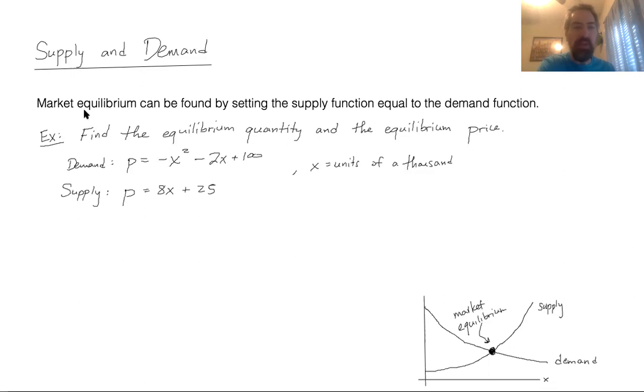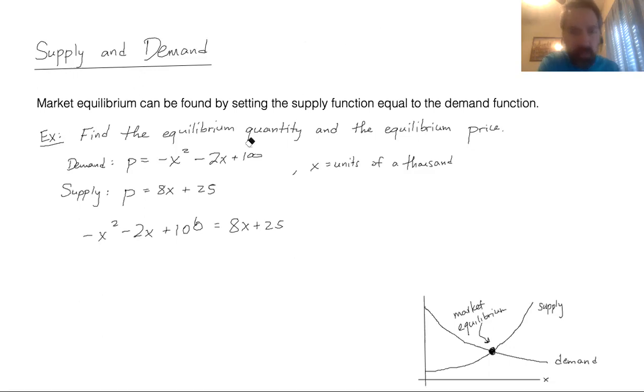Okay, but so to find the market equilibrium, we set the supply function equal to the demand function. So we are going to set negative x squared minus 2x plus 100 equal to 8x plus 25.